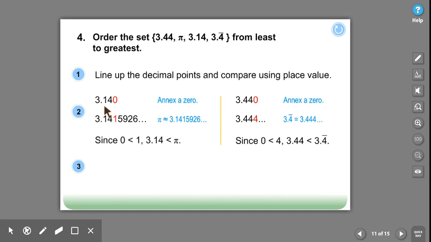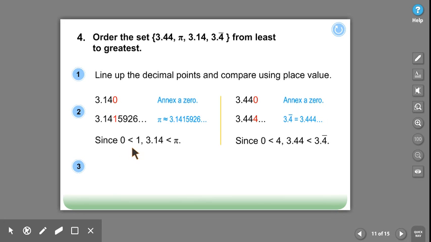So we have 3.14, pi is 3.141596, and on and on and on. 3.44, and then 3.444. Now, when they add zeros, that basically just means that they want you to have the same number of decimal places so you can compare them.